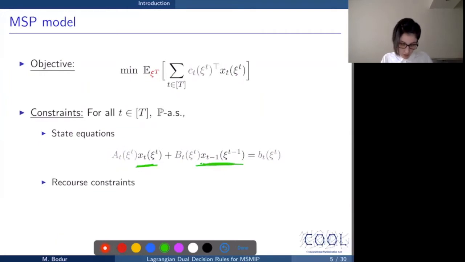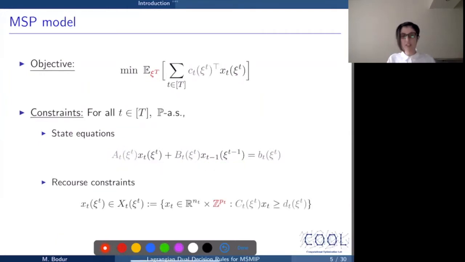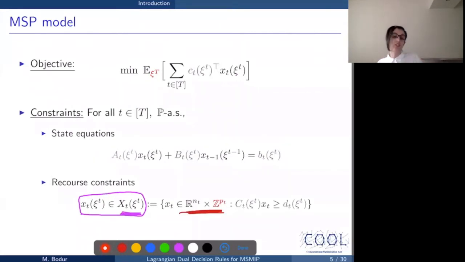So these are state equations. We also have these local constraints, everything that is associated solely with a particular decision-making stage T. The feasible set associated with stage T decisions, we will denote with capital X_t. And note that we could very well have mixed integer decisions, in other words, mixed integer recourse, in these generic multi-stage programs.